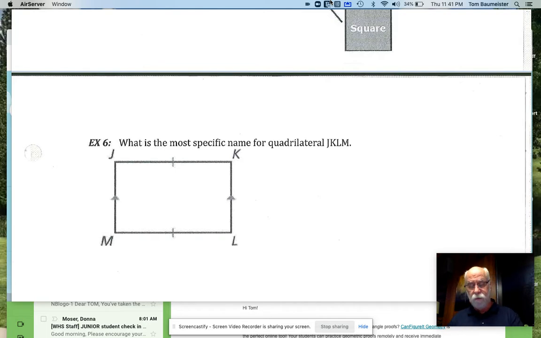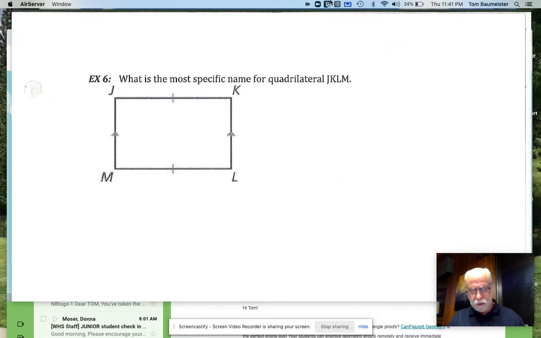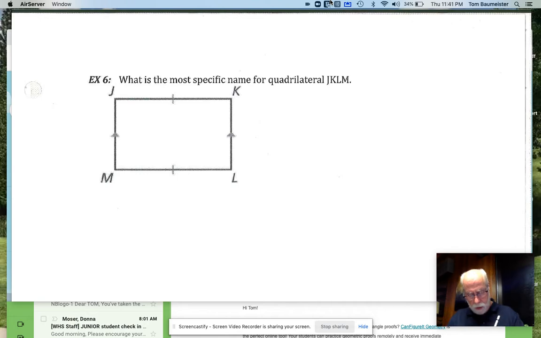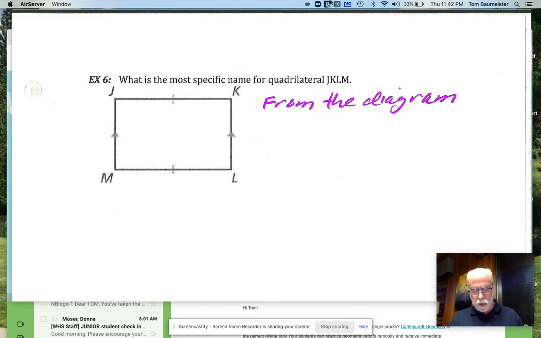But here it says example 6. What is the most specific name for the quadrilateral JKLM? So we're just going to write a lot of stuff that we know here. From the diagram, what can you tell me?